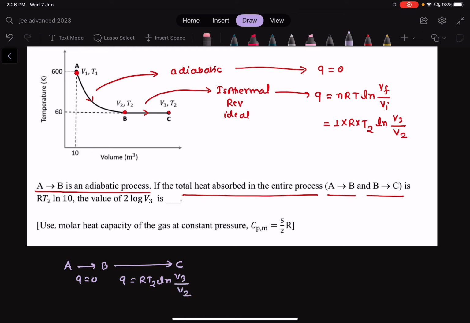And since V3 is greater than V2, Q will be a positive quantity. Positive means it will be absorbed.